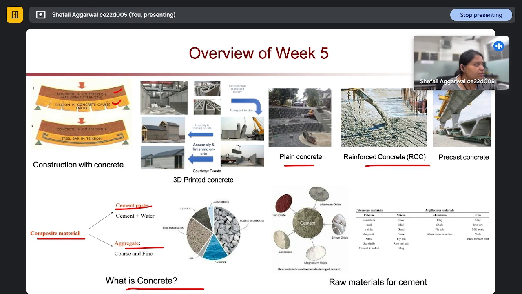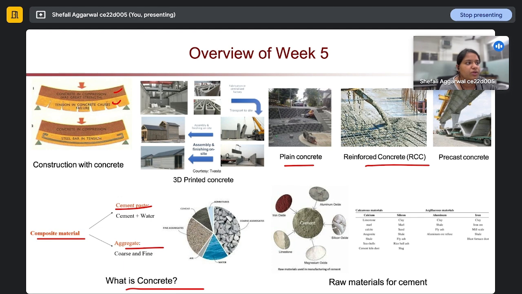Next is the reinforced concrete structure. Whenever we are designing a multi-story building, where we have beams and columns and different types of loading, then we use reinforced concrete. So why are we using reinforcement? As we have explained, steel is good in tension, whereas concrete is weak in tension.